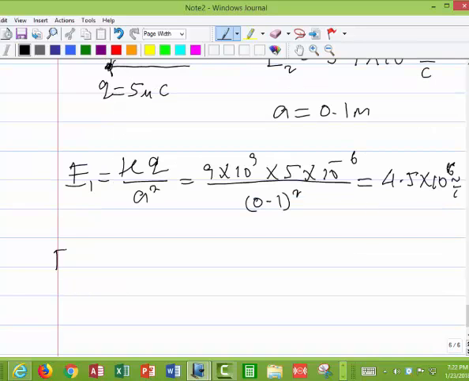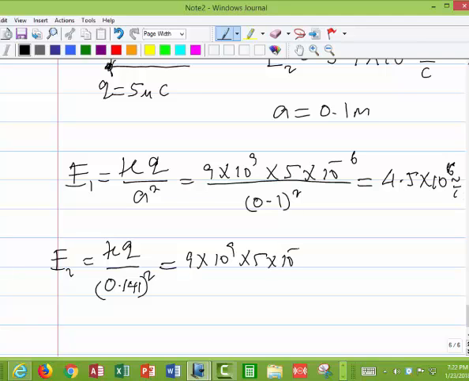And then E2 is given by k times Q divided by the distance. Then what would the distance be? It's going to be A root 2 again, 0.141, something like that, squared. So this is going to be 9 times 10 to the power 9 times 5 times 10 to the negative 6 divided by 0.141 squared.